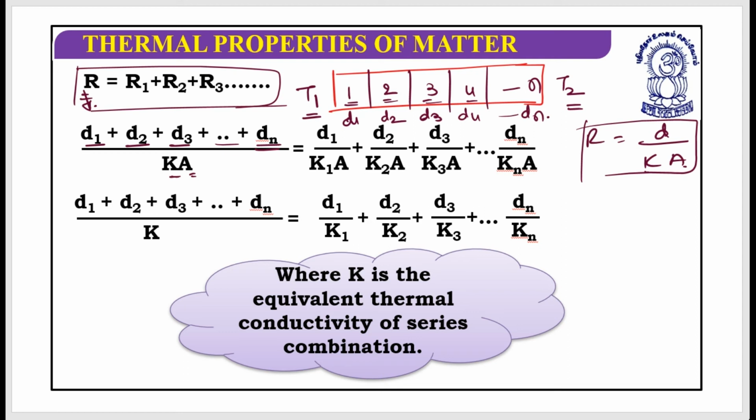So this could be written as D1 by K1A plus D2 by K2A plus D3 by K3A up to Dn by KnA. When I write this, the A has been cancelled, and this is D1 plus D2 plus D3 up to Dn divided by K. This is equal to D1 by K1 plus D2 by K2 plus D3 by K3 up to Dn by Kn, where K is the equivalent thermal conductivity of the series combination.